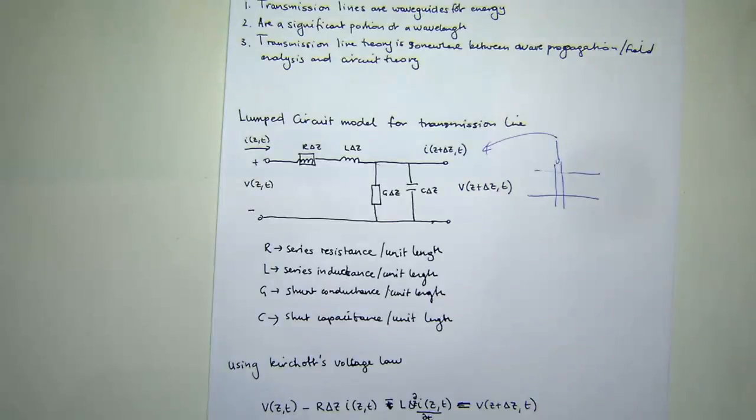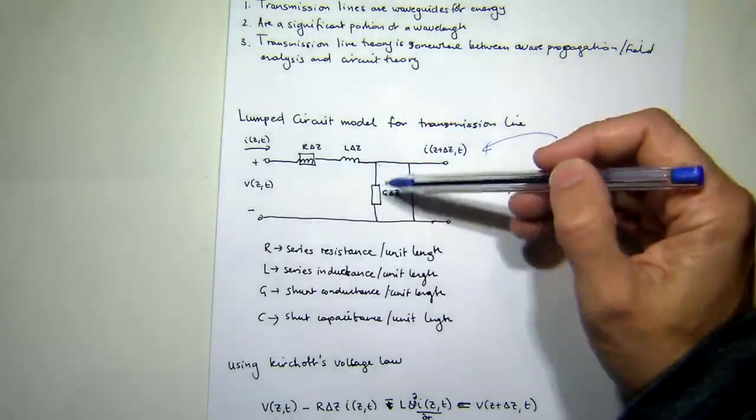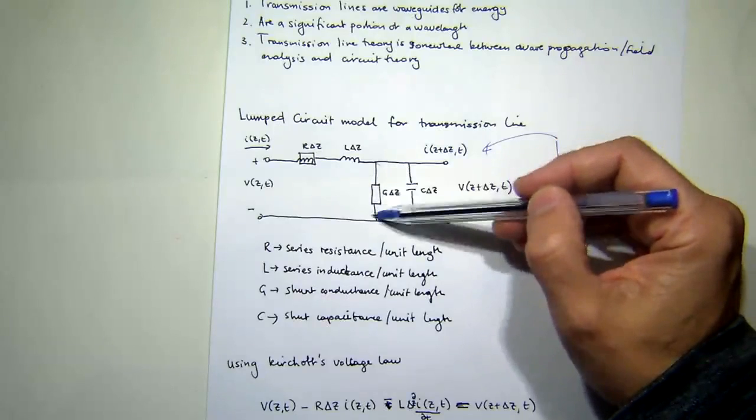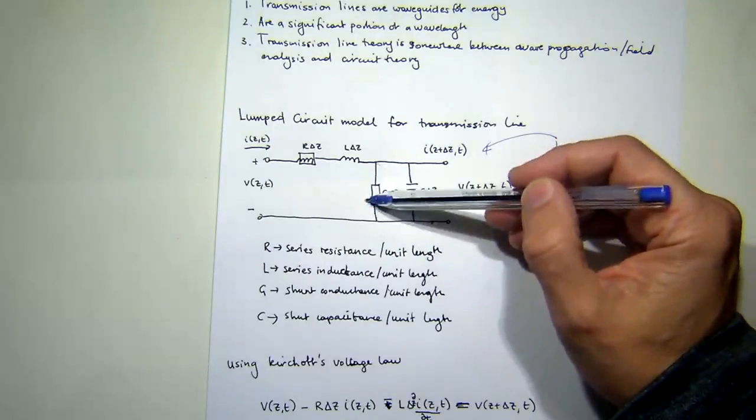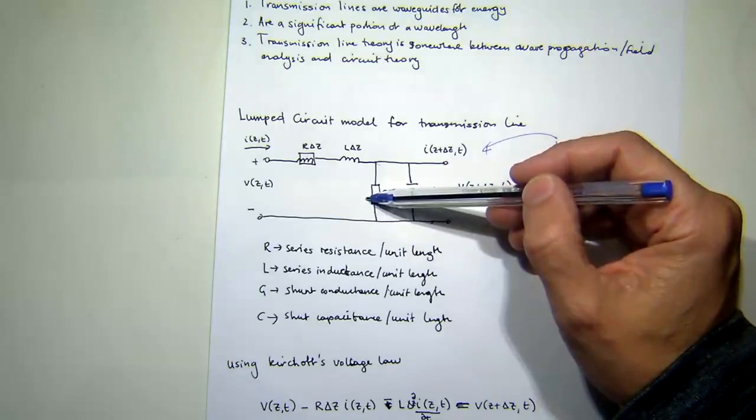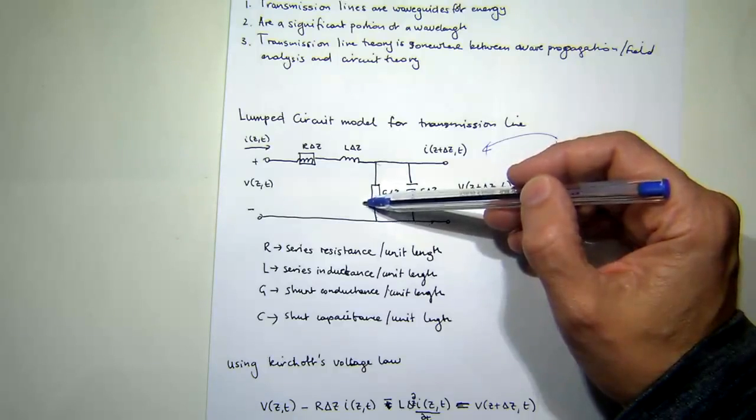Now, if we were talking about a coax, can anyone tell me what is the cause of this shunt conductance? Does anyone know? Shunt conductance. Where does it come from?